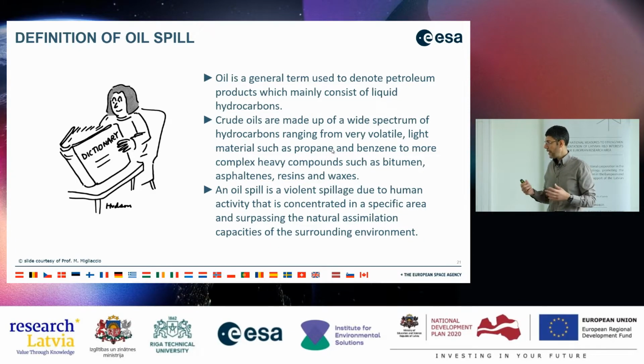That's why it's very important to monitor oil spills and give information about the oil spill extent and where it's moving, because then the right measures can be taken to limit the damage.